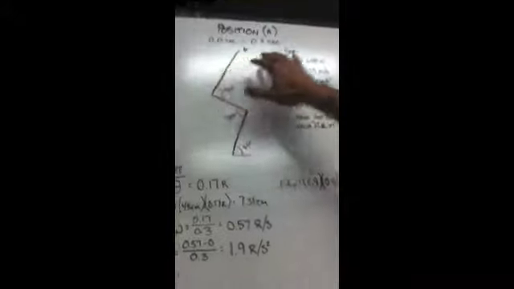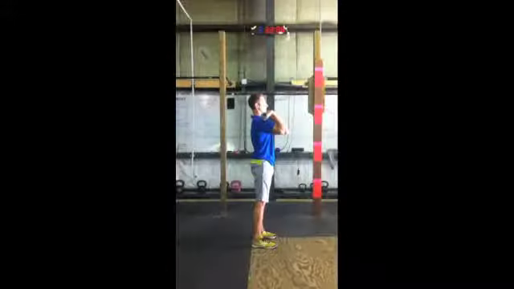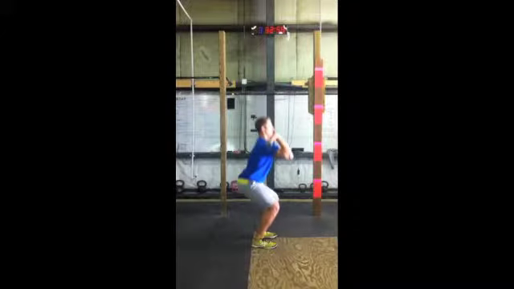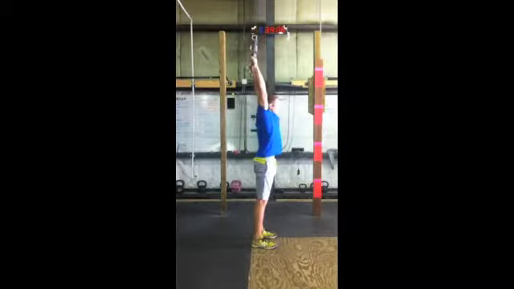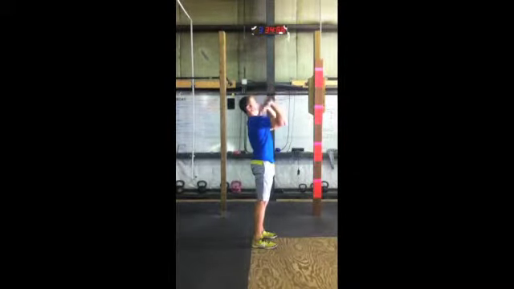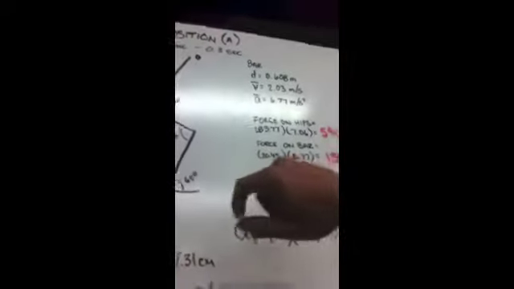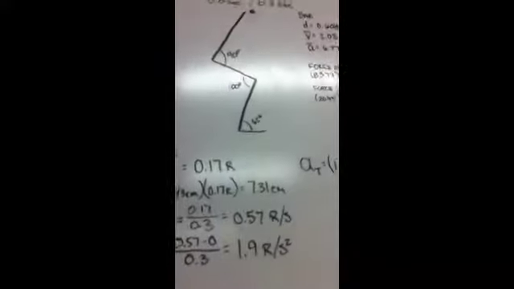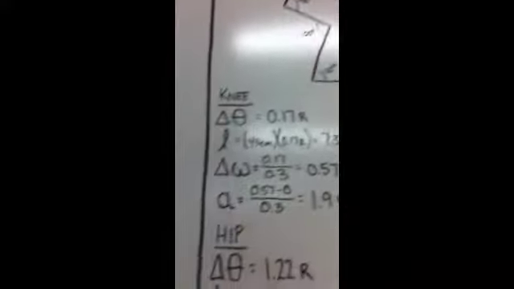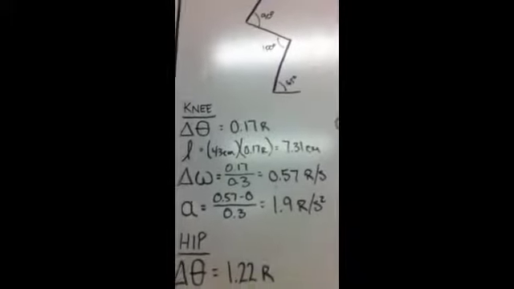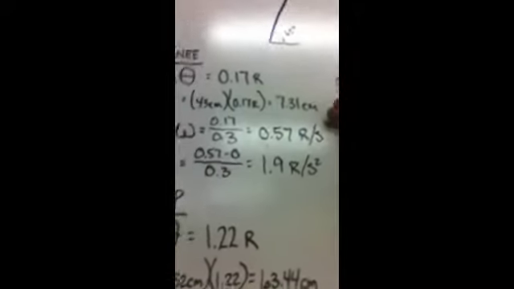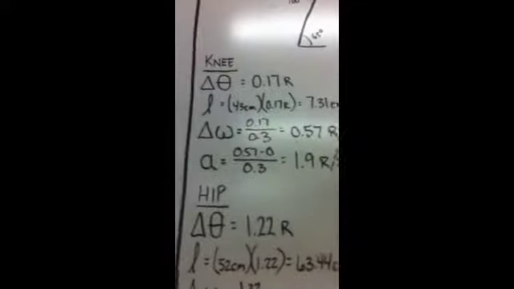As we move on to position A, this is the first 3/10 of a second in the movement. It starts by moving to 65 degrees at the knee, and I recorded that as an angular displacement of 0.17 radians with an arc length of 7.31 centimeters.